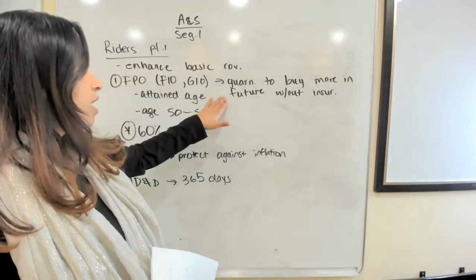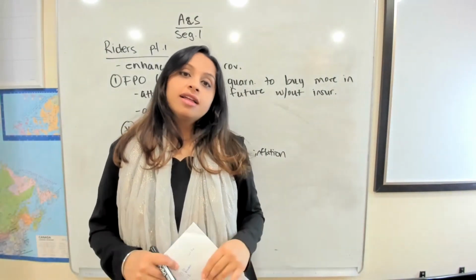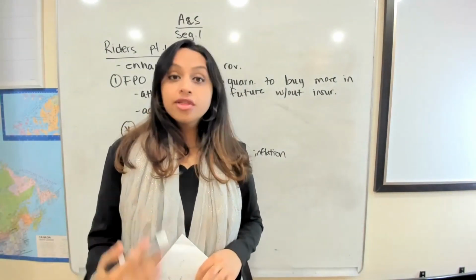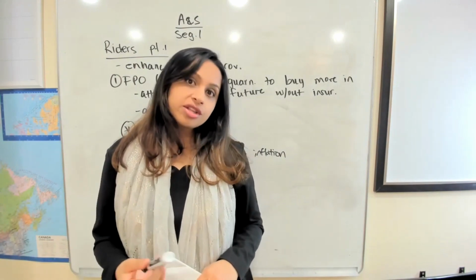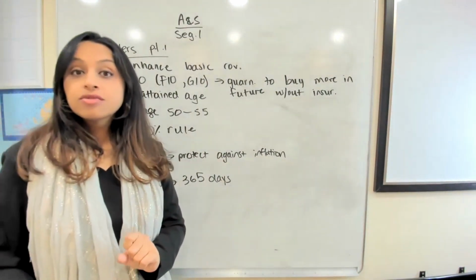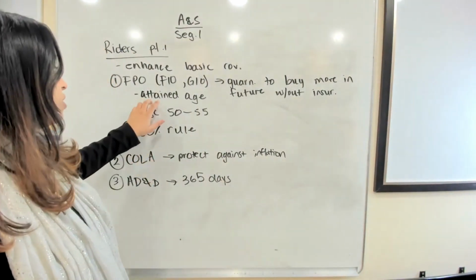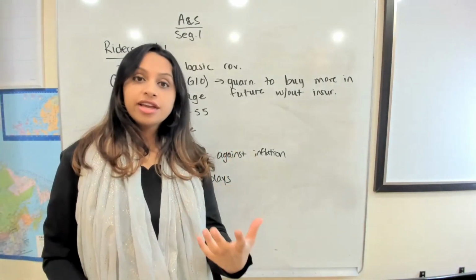So they can add this rider, and by adding this rider onto their policy, they're ensuring that as they get older, even if their health changes, the insurance company cannot turn them down for increasing their coverage. It's guaranteed. Now, what's important to know with this rider is that the new coverage is going to be based on your attained age. Now, what is attained age?